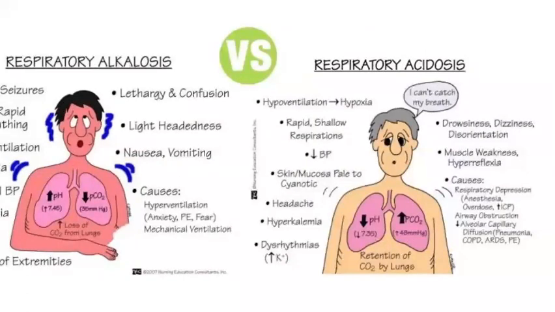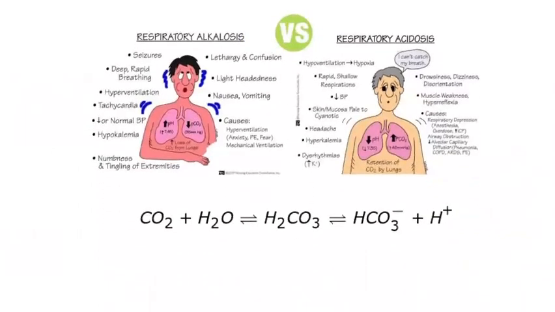So when it comes to these, let's actually explore these two respiratory conditions and understand how changes in the levels of CO2 in the body actually result in changes of pH by incorporating the use of buffers, the concept of pH, the concept of chemical reactions, okay, overall in this process. Let's first deal with respiratory alkalosis.